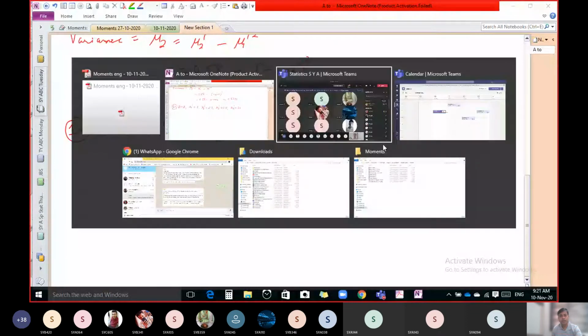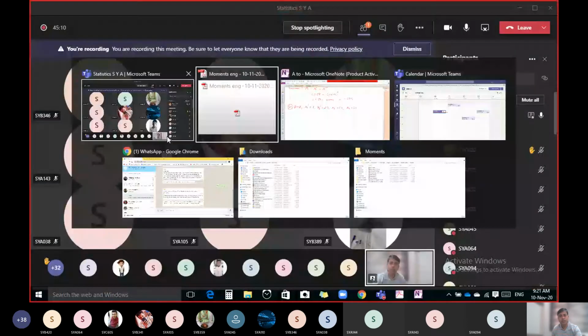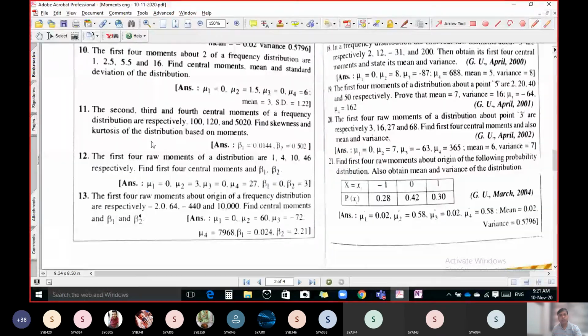Now the question is: find central moments. If there is a question for central moments, you have to find out all four central moments, mean and standard deviation.